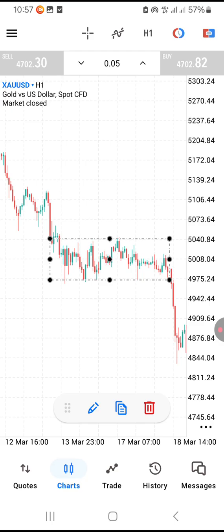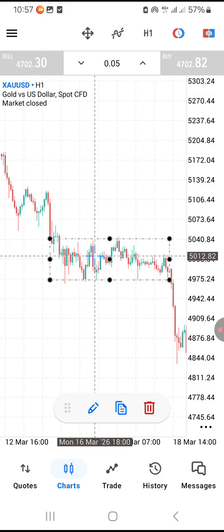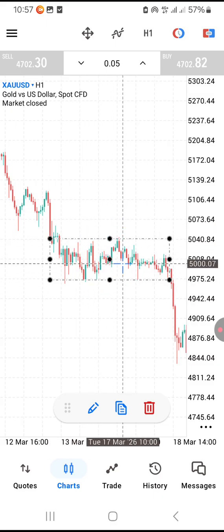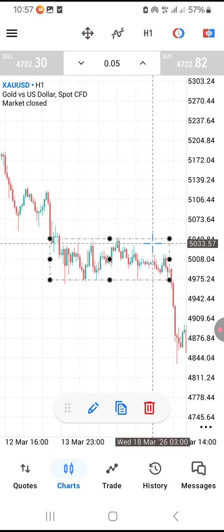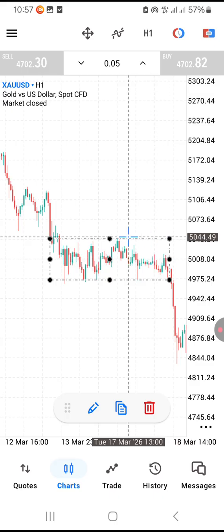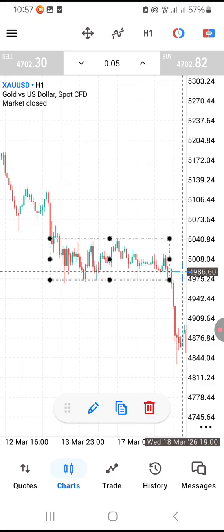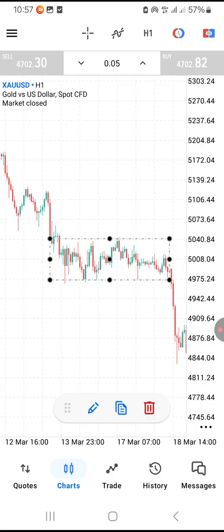The price is just busy loitering inside this. It's not going anywhere, it's just there, acting as though it's going up, going down. At this point, we say avoid the market, except you're scalping. This is called a ranging market. What I mean by ranging is that price is just loitering about. It is not making headway.